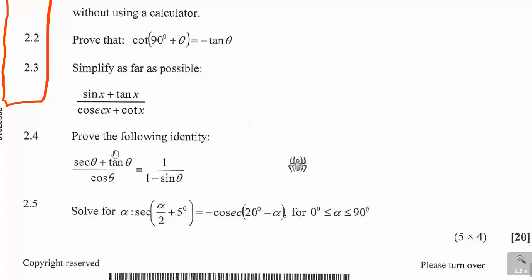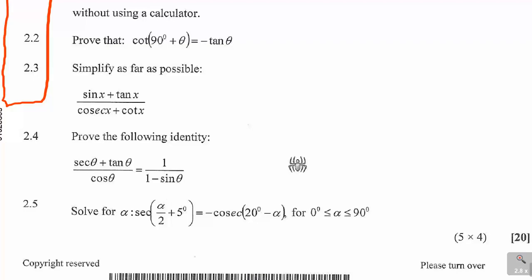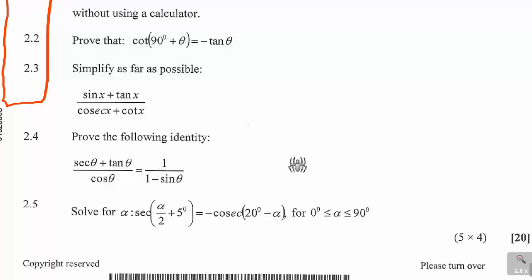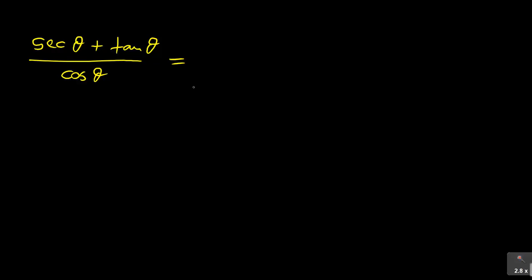It says 2.4, prove the following identity, and we are given that (sec theta plus tan theta) over cos theta is equal to 1 over 1 minus sin theta. So if I can write this fresh, we have (sec theta plus tan theta) over cos theta, and we must prove that this is equal to 1 over 1 minus sin theta.